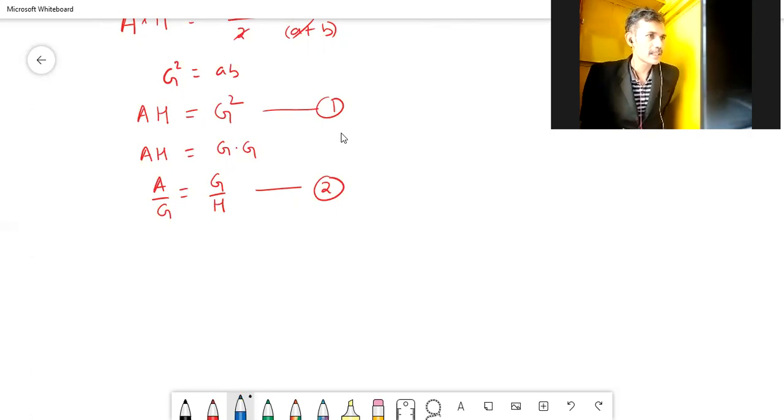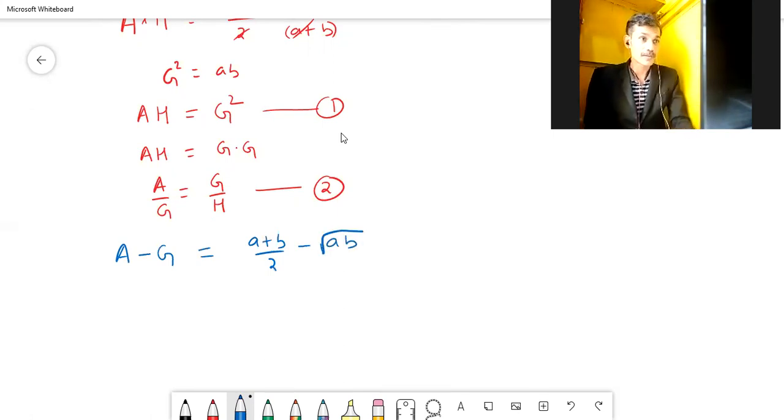So first let me find the difference A minus G. See, arithmetic mean we know is A plus B upon 2. Geometric mean is square root of A times B. So if we cross multiply, what are we going to get?